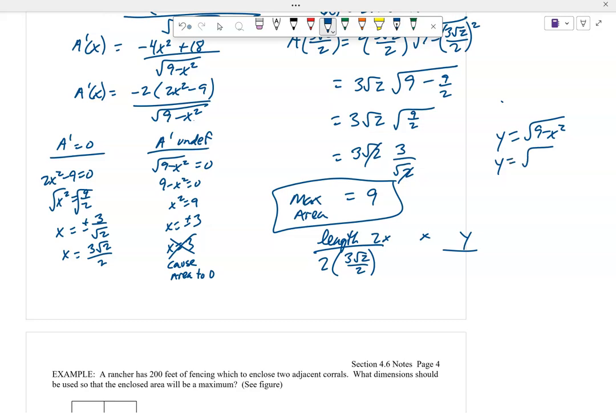So if you throw in 3 root 2 over 2 squared, you get the square root of 9 halves, which is 3 over root 2. So our dimensions here end up being 3 root 2 by, rationalize that, 3 root 2 over 2. That's our length and width of that.